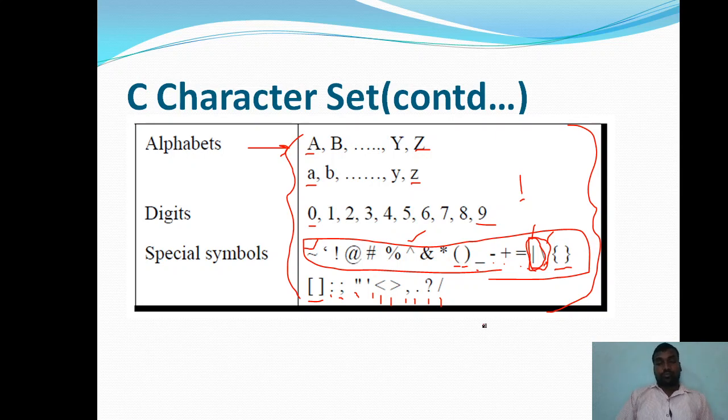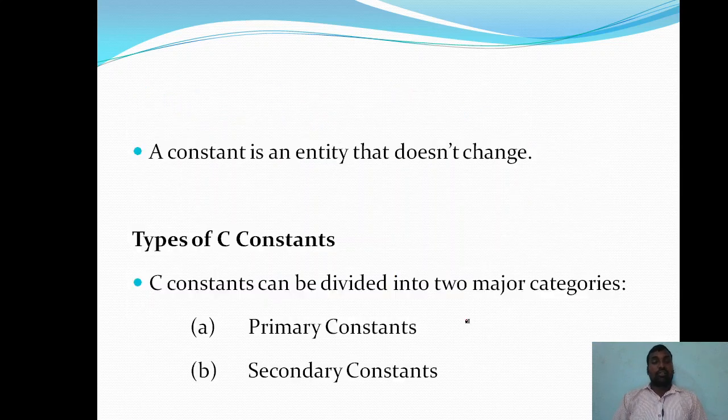So these are the character set. Are you getting the point? You can easily remember these character sets because they are all available on the keypad of your computer, desktop or laptop.